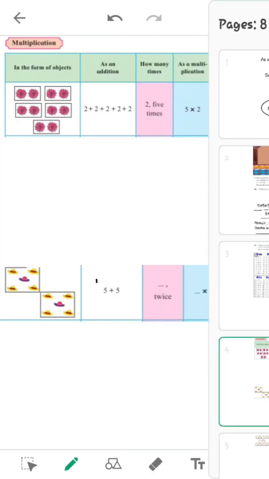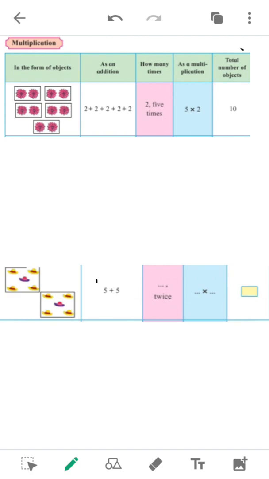Next example is, student, you can definitely see the pictures with some amazing objects. Take out the page number 26. Page number 26. One more examples of multiplication. You can see the pictures in the form of objects.